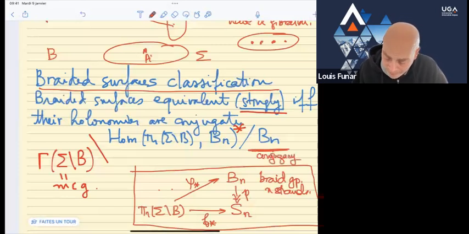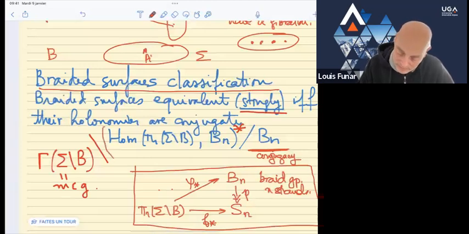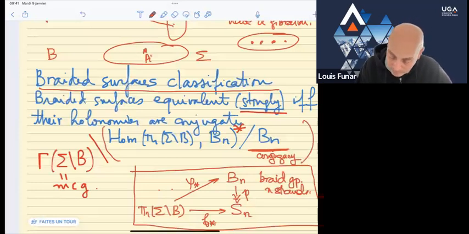And on the other hand, we can change by any homeomorphism of sigma minus B, so the mapping class group of sigma minus B is acting on the left side as explained here. So we need to consider the orbit space of the mapping class group on the set of homomorphisms from pi1 of sigma minus B into Bn up to conjugacy.